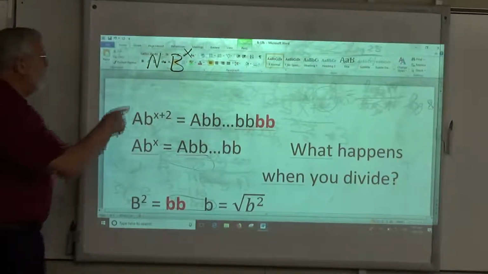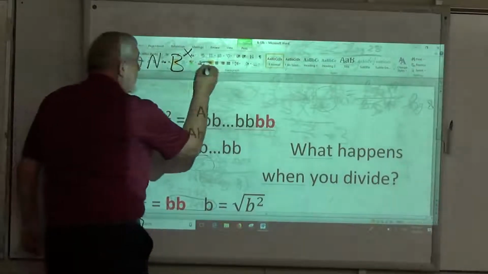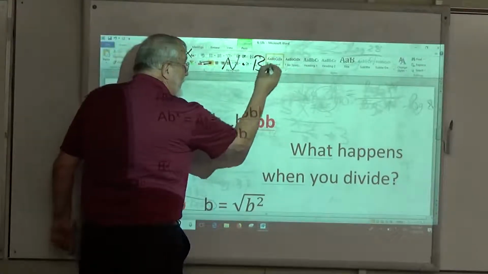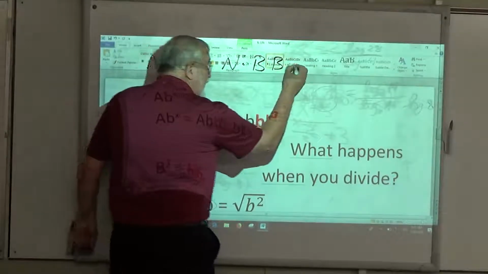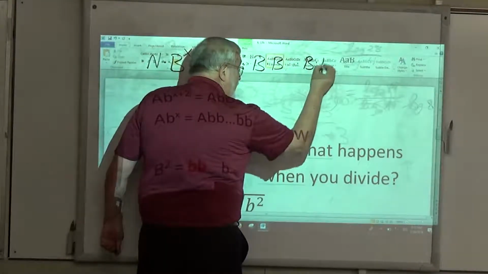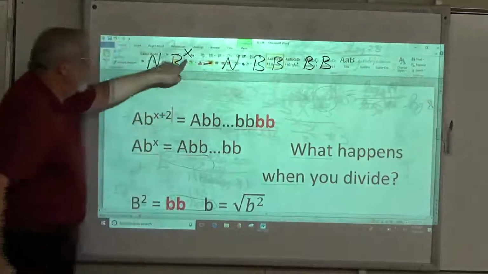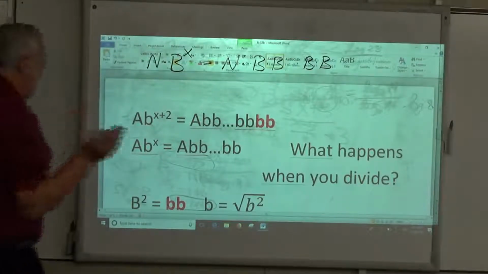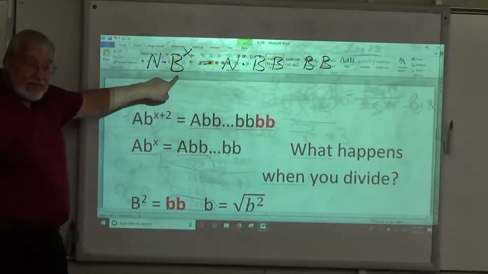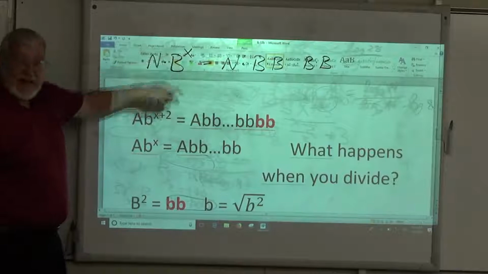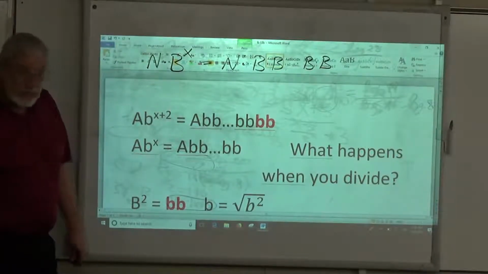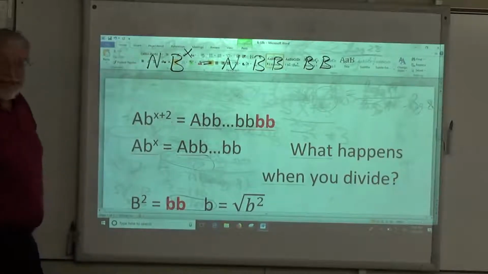But what this is going to equal is n times b times b all the way down until I run out of x number of b's. You got that? When I put it in the calculator, I'm just going to do whatever this number is and raise it to that power because the calculator does the multiplying faster. But that's the math.